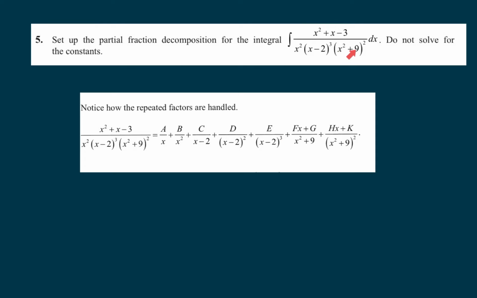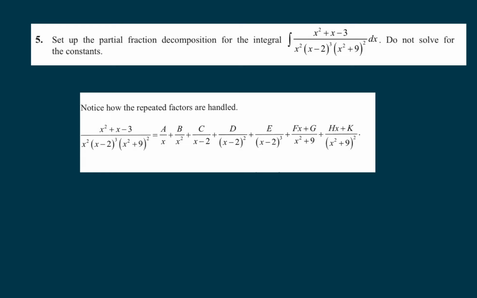And the last term, that is a quadratic term, is a square but has no roots. X squared plus 9 equals 0 has no roots. So you will say this is repeated 2 times, so it will be Fx plus G, a polynomial, divided by x squared plus 9, plus another polynomial divided by x squared plus 9 squared.